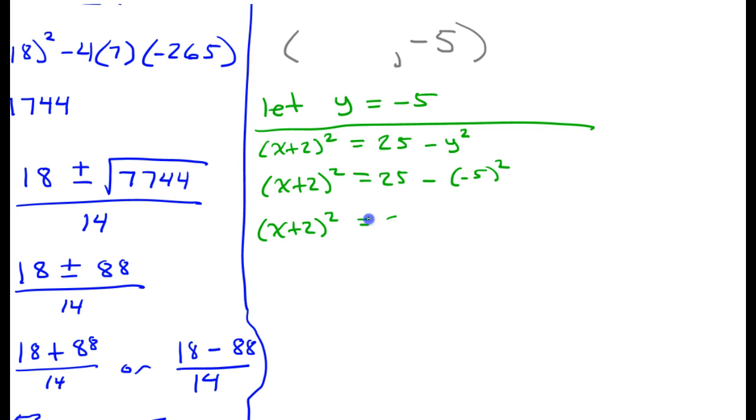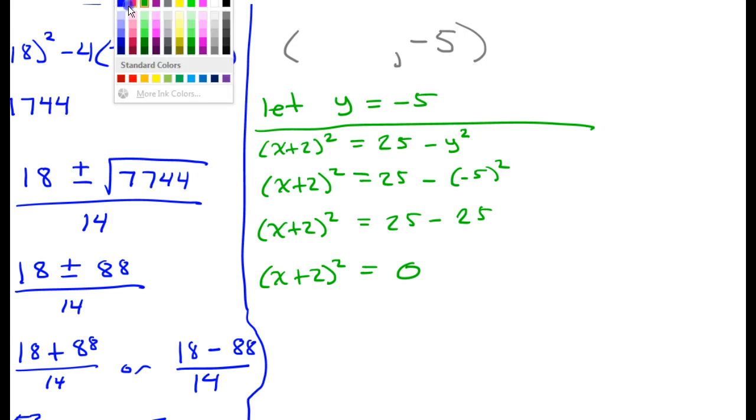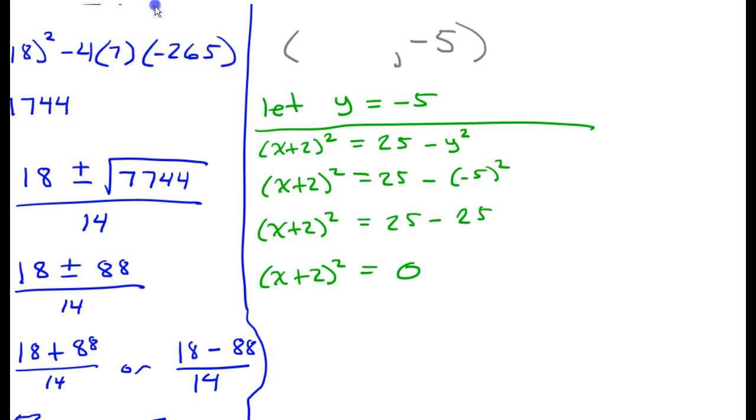Something fishy is about to happen. -5 squared is 25, and 25 minus 25 is 0. This is solvable.